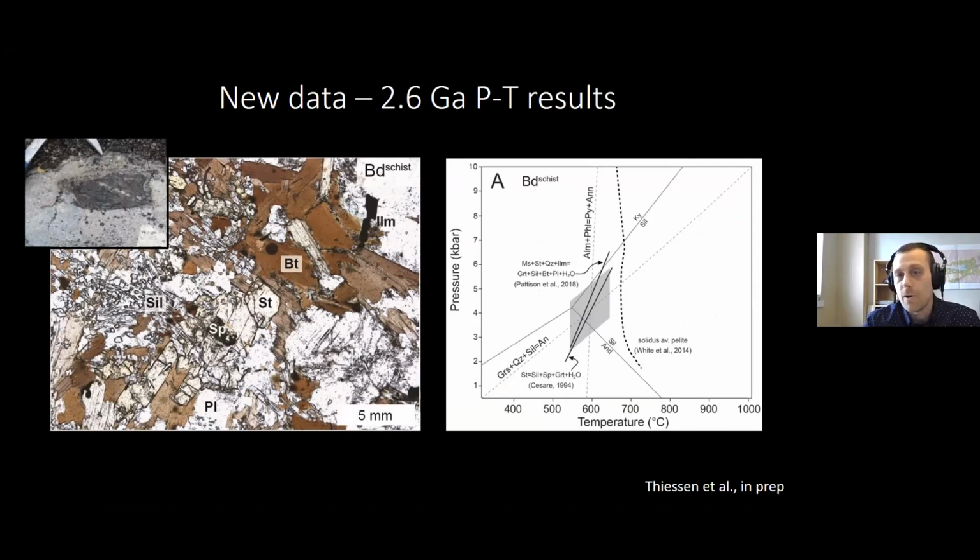On the right image are PT constraints using conventional thermobarometry that also agrees with other independent work, of max pressure conditions of about 4 kilobars and max temperature conditions of about 600 degrees Celsius. And this broadly agrees with that McCoid model I showed you earlier of magmatism and not really significant burial in the distant hinterland away from the trench.